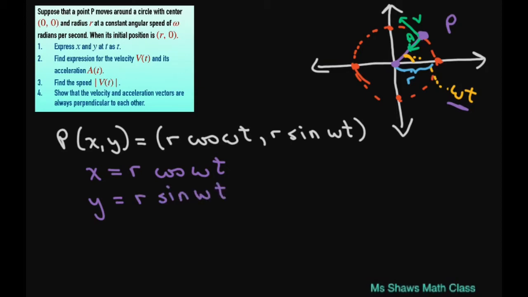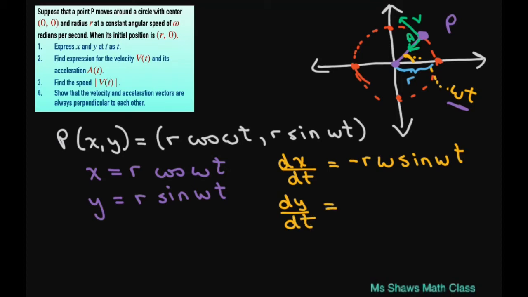Now for our velocity, all we have to do is differentiate our x and our y. So the derivative of x with respect to t equals negative r omega sine of omega t, and the derivative of y with respect to t equals r omega cosine of omega t.